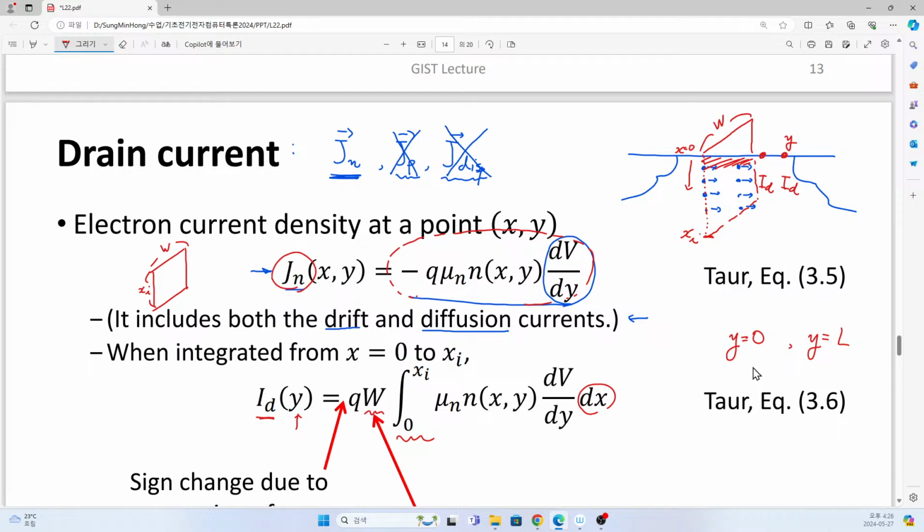But if they are different, that makes a problem. For example, let's say that here you have some current corresponding to 1 milliamp, and at this point you have 2 milliamp. Then what is the problem? In this case, we don't have any current continuity in this box.